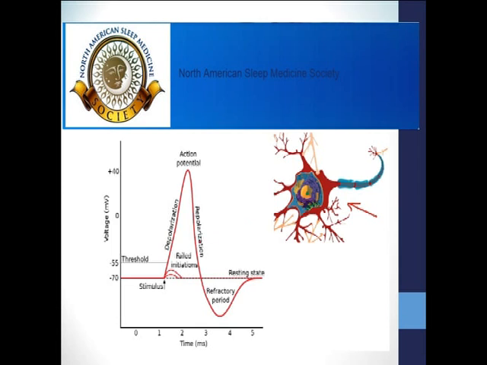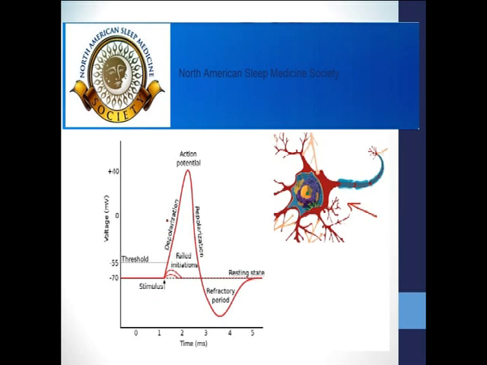Now, if I'm going to look at an action potential and I'm looking at what is happening to the membrane potential, here you can see we have a stimulus, but it doesn't cause an impulse. We have another stimulus, but it still does not cause an action potential. But if the stimulus reaches a threshold, we have depolarization.